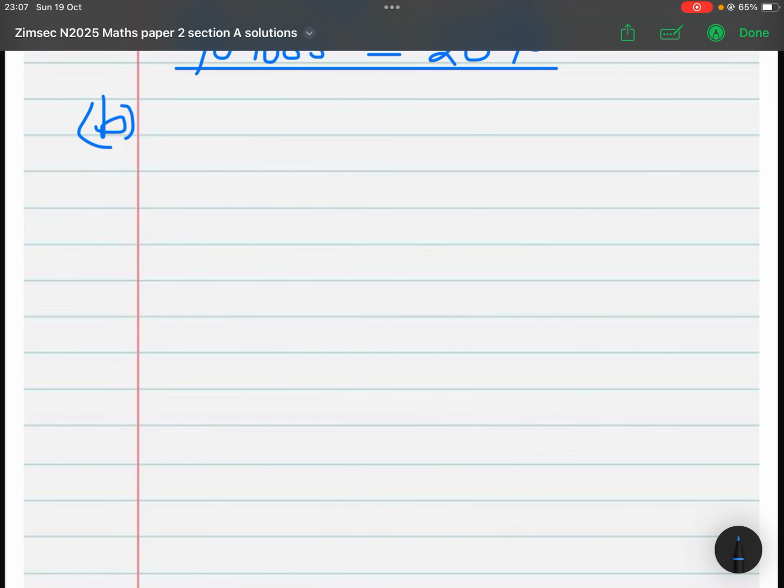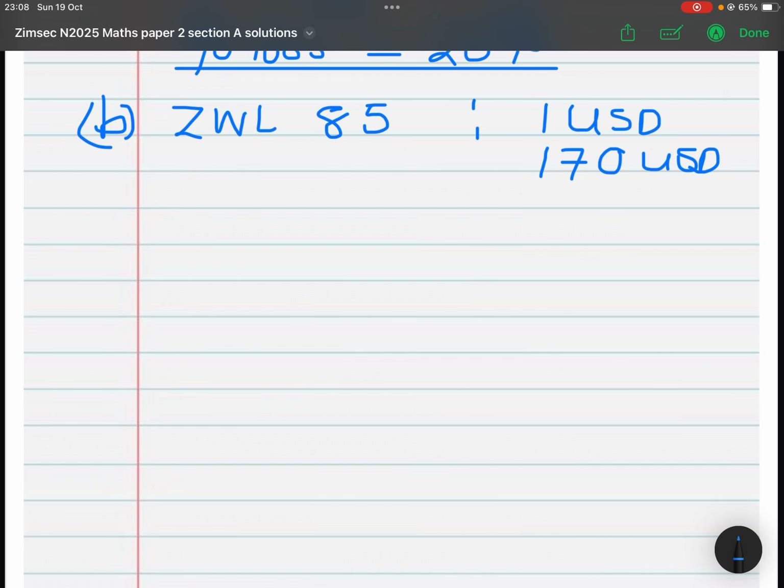We are now on part B. So we are going to say ZWL 85 is equivalent to 1 USD. And then what about 170 USD? This is going to be more.